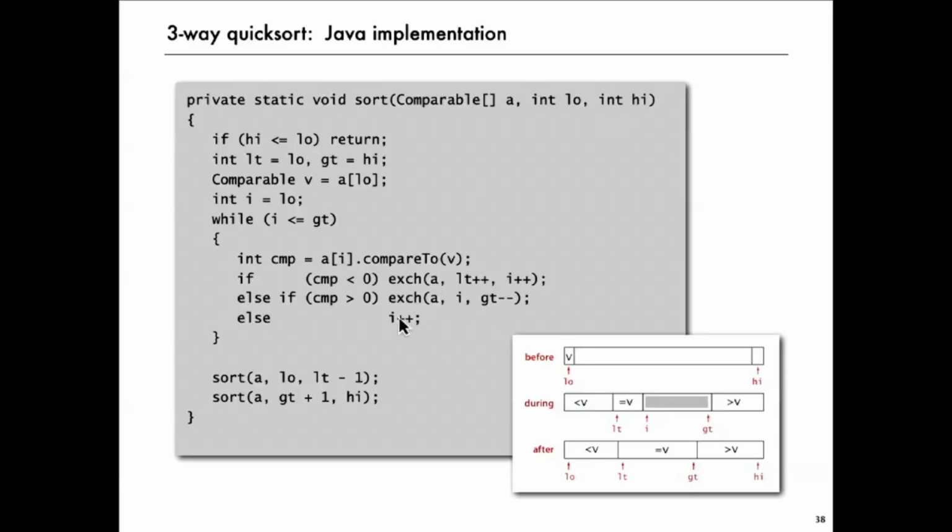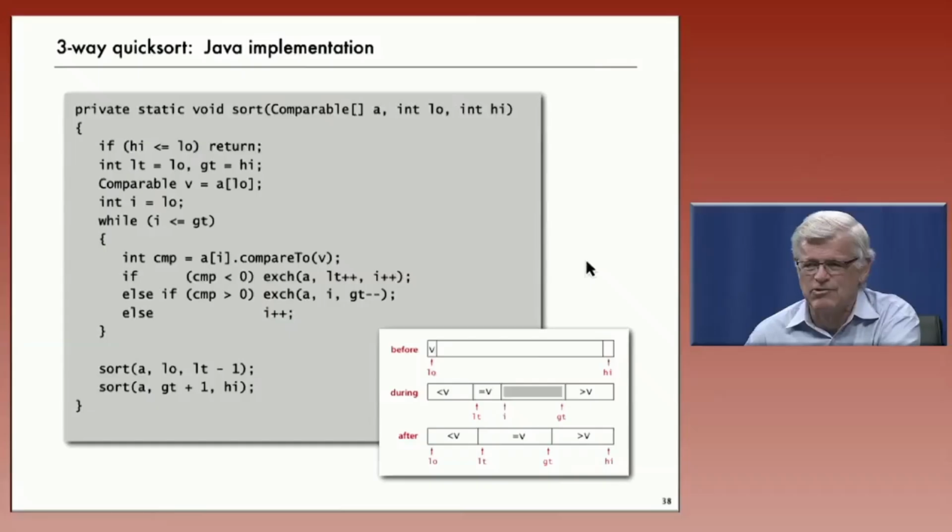Otherwise, we increment I. Could hardly be simpler. In fact, it is simpler in many ways than the standard implementation of QuickSort. In fact, there's an argument for just using this implementation of QuickSort and forgetting about Hoare's because it performs so well in so many practical situations.